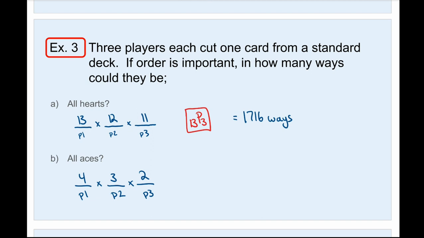Another way I could write this, I have 4 aces or 4 options, and I'm picking 3 of them. So again, 2 different ways we could represent it. If we wanted to, we could also use the permutation formula. Either way we decide to do this, we should find that there are 24 ways.